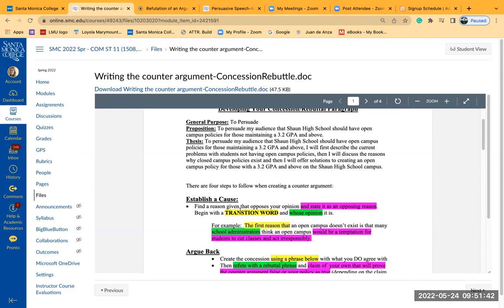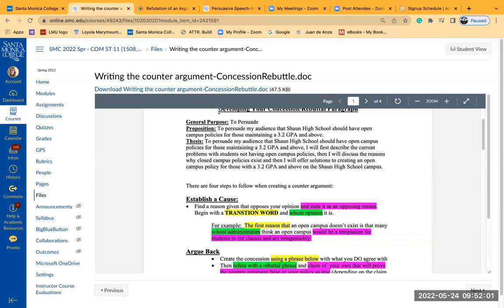So, for example, the first reason, transition, right? That an open campus policy doesn't exist is that school administrators, that's whose opinion it is. What's the opposing reason? They think it would be a temptation for students to cut classes and act irresponsibly.